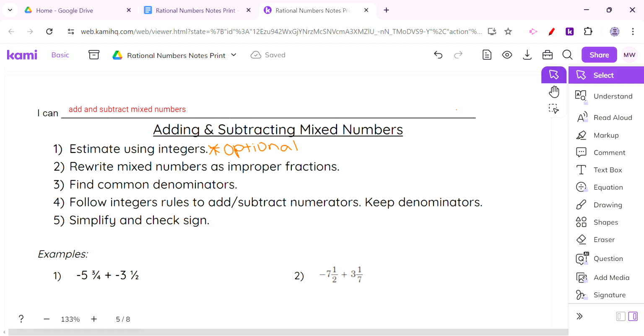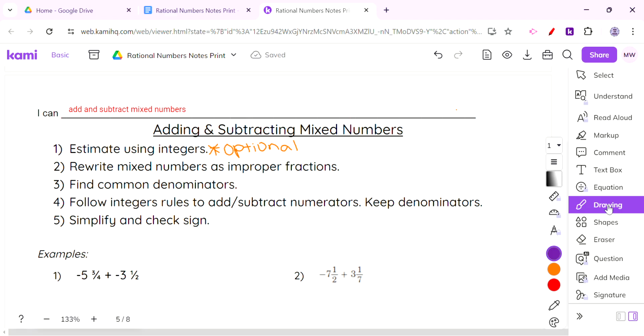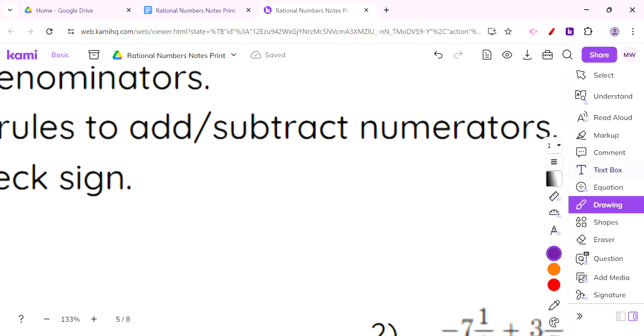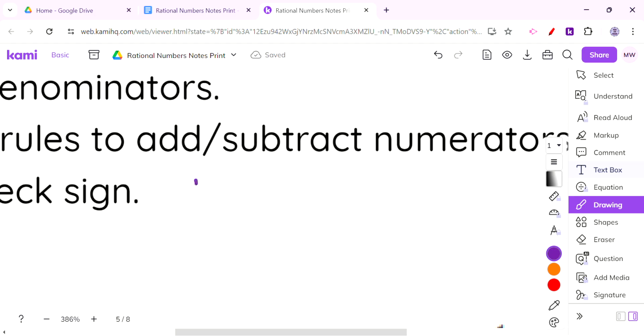So before I get into this, I really want to just reiterate what the rules are for adding and subtracting integers, right? So for adding, you want to do SAD, same signs add, different signs subtract.